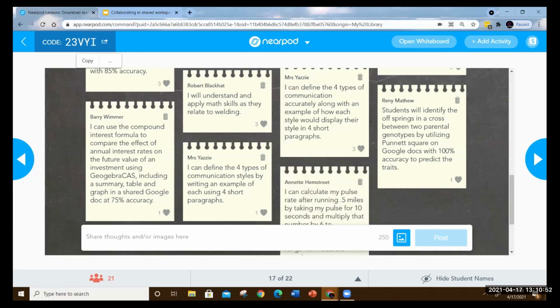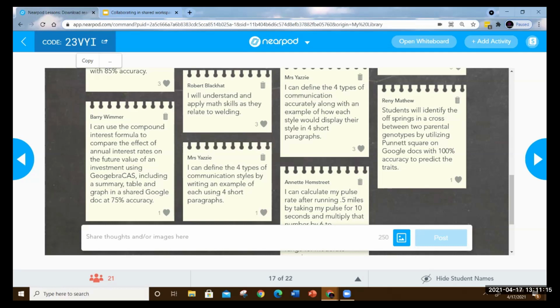And Mrs. Yazzie, what I would say is when you say the 4 communication styles of, I would label each style in your learning target, because you want to guide them towards success, right? You want to guide them towards success.